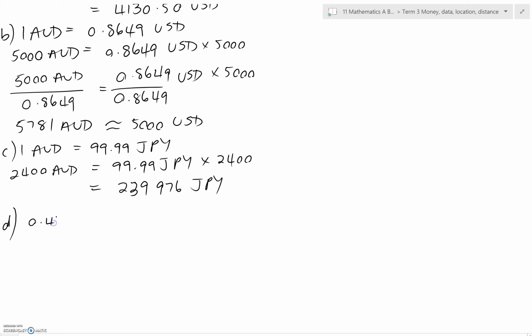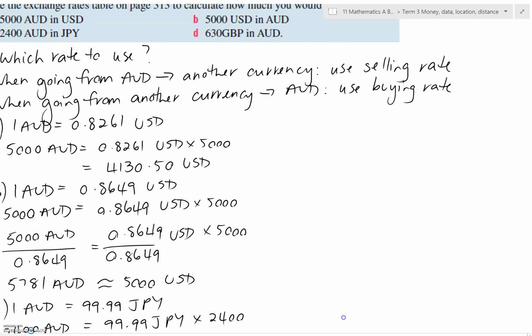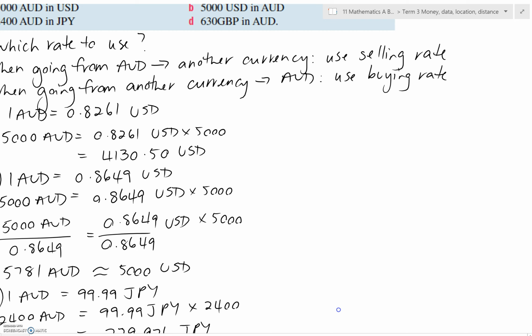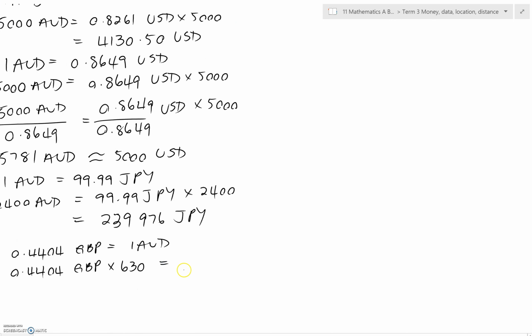And D, 630 GBP, Great British Pounds, in Australian dollars. So the rate we need is 0.4404 Great British Pounds equals 1 Australian dollar. 0.4404 Great British Pounds times 630 equals 630 Australian dollars.